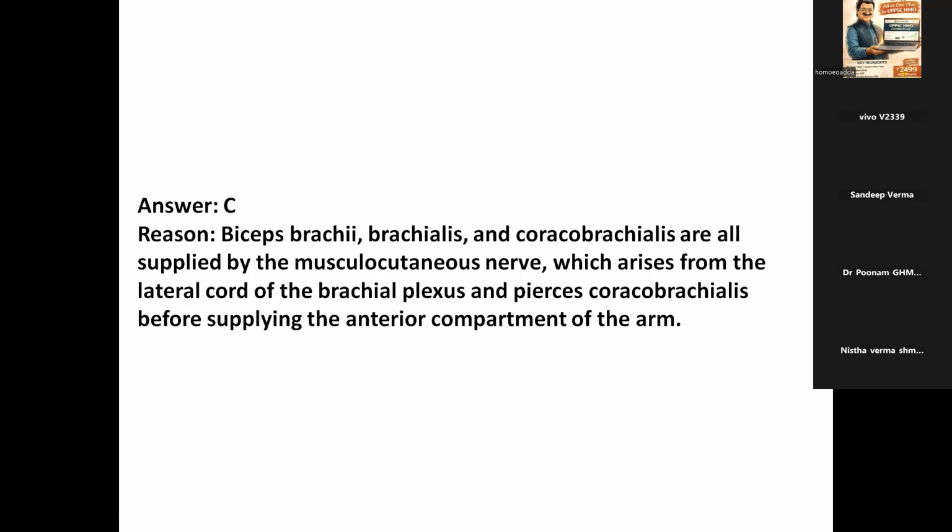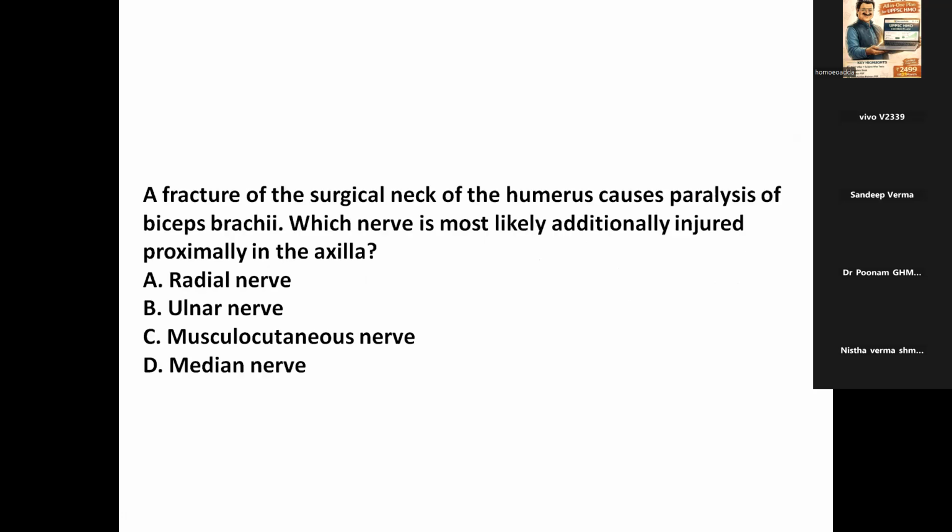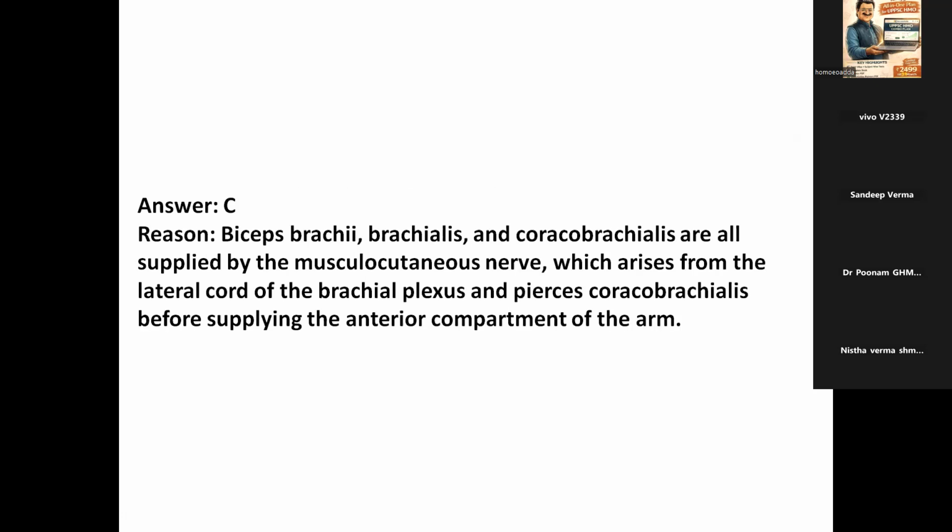Biceps brachii, brachialis, and the coracobrachialis are all supplied by the musculocutaneous nerve, which arises from the lateral cord of the brachial plexus and pierces the coracobrachialis before supplying the anterior compartment of the arm. That is why, if biceps brachii is paralyzed, then surely the musculocutaneous nerve is likely to be injured, right?